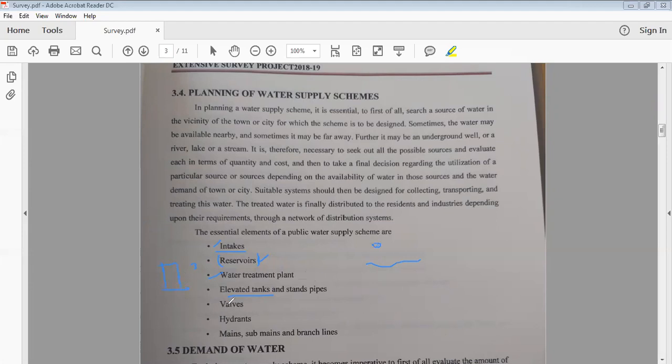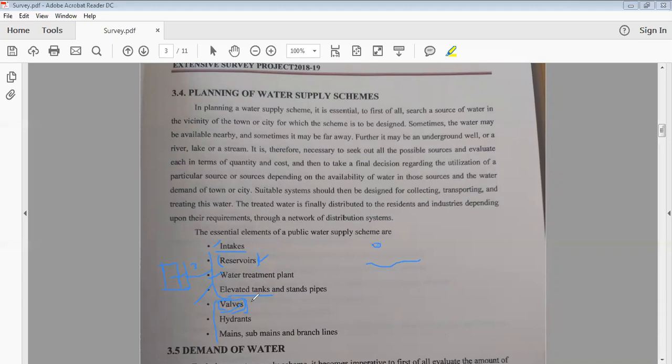Then another very important thing after doing all this is we have to design this. How you can control the flow between the branches of each house is using these valves. There are so many valves: gate valves, 3 to 4 valves, just to control the flow when it is required to make the flow or decrease the pressure. So we install these valves: hydrant valves, fire hydrant valves, screw valves, gate valves.